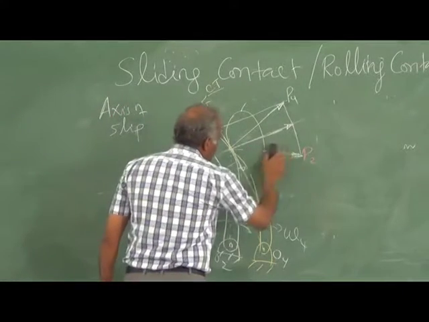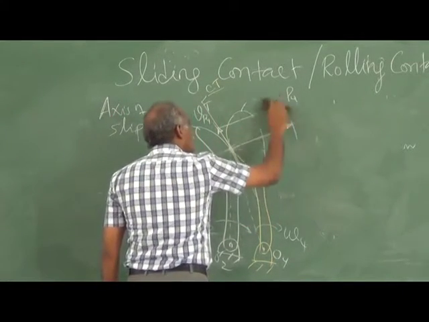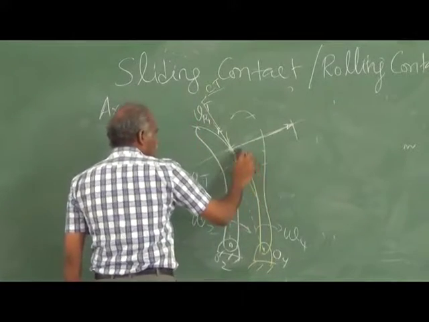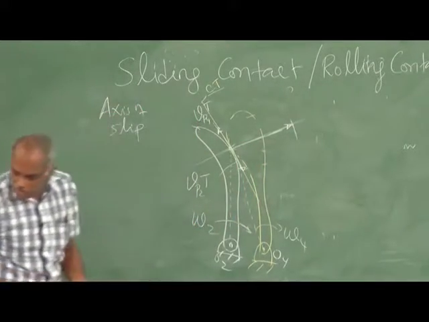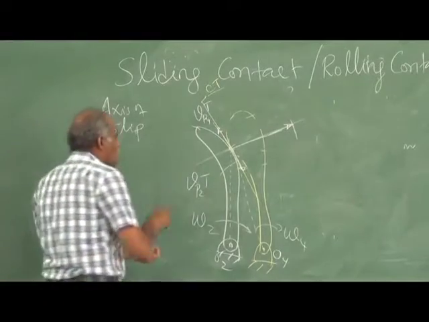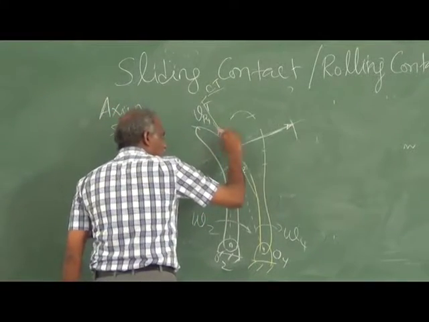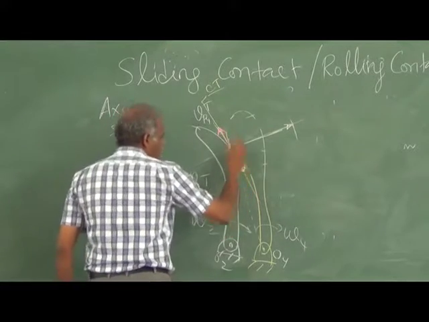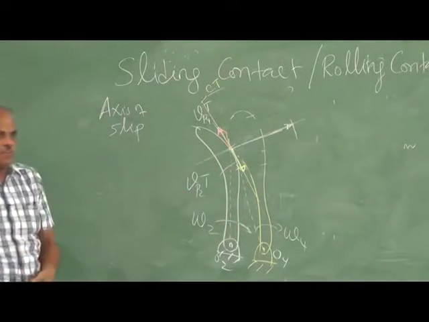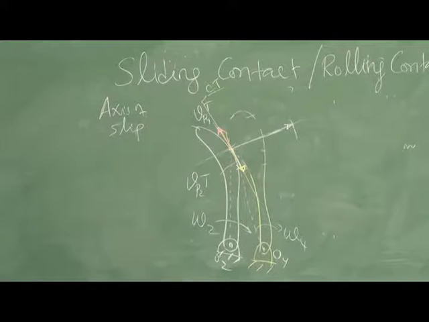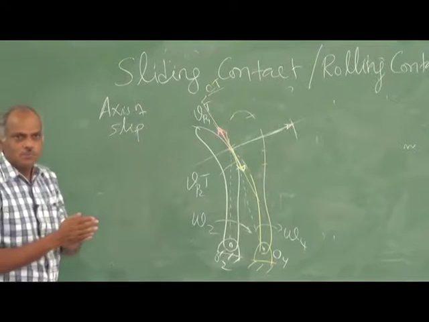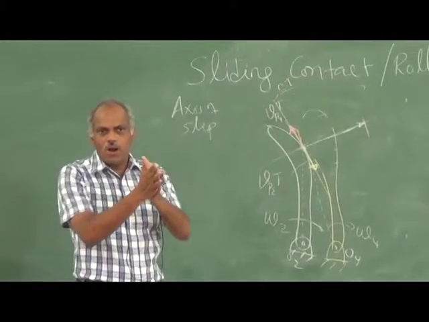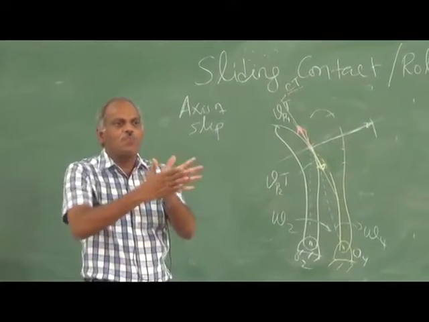So if there is a relative velocity, we have to look at these two velocities only, here and the other velocity like this. These two velocities say that these two rigid bodies have a relative motion.